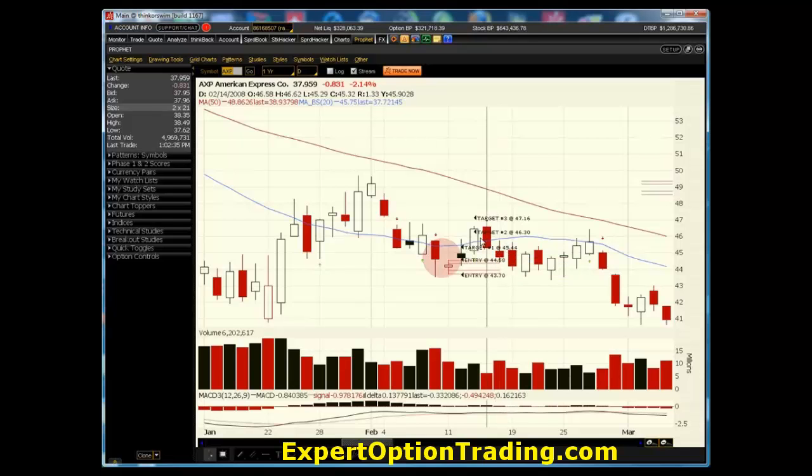Then as the stock continued to trade and hit our target number 2, we would sell 250 of the remaining 500 shares, another 50% of our existing position, at 46.30, leaving us with 250 shares yet. This particular example did not hit our target number 3 of 47.16.